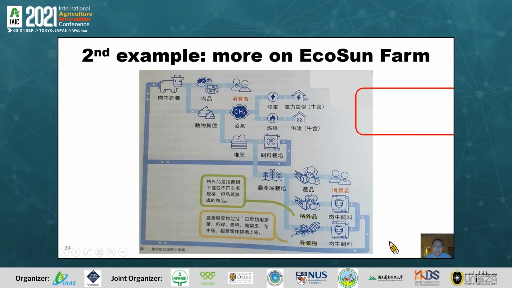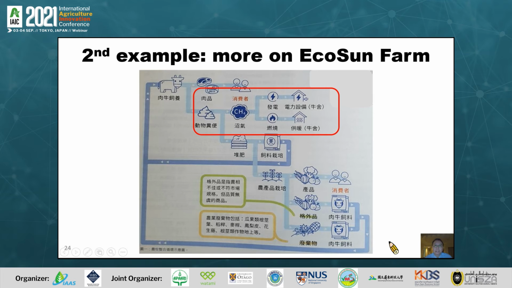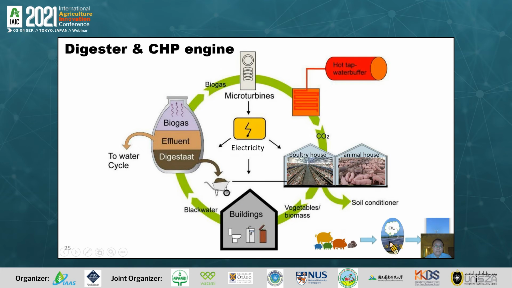For example, like this, they can produce methane gas by using some device. And methane can also be used to produce electricity and can also provide thermal energy, by using these kinds of devices.